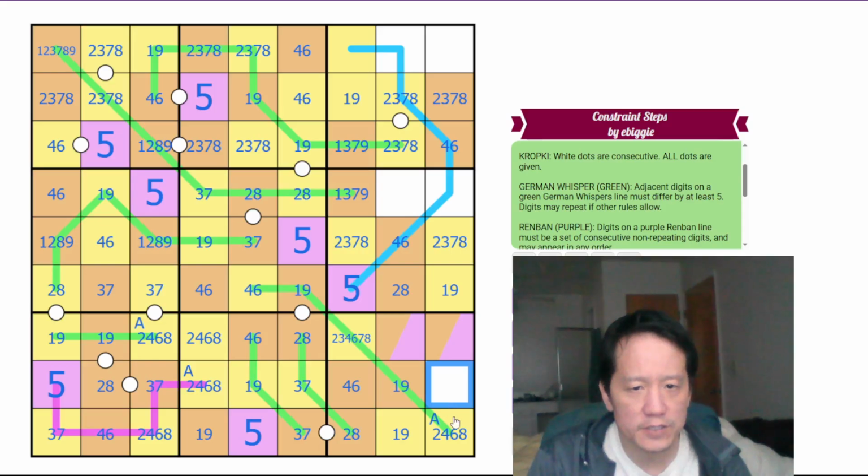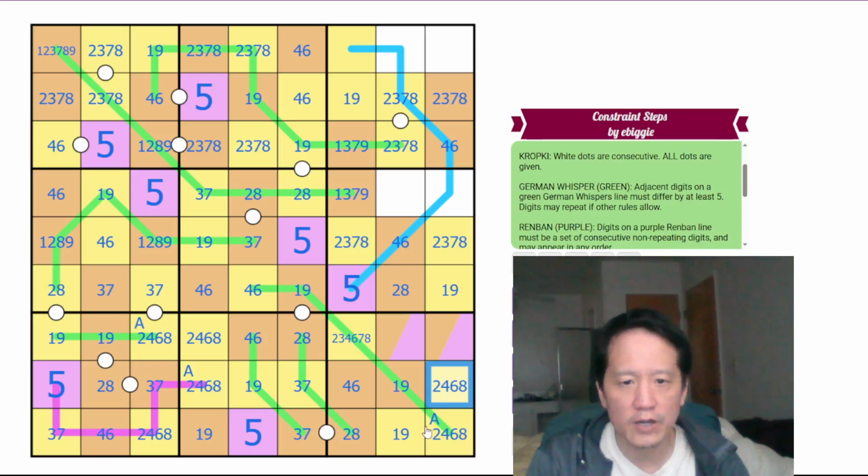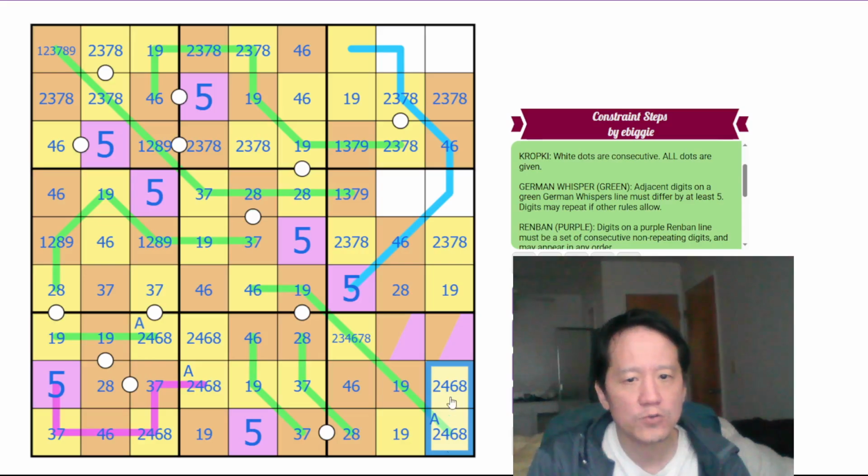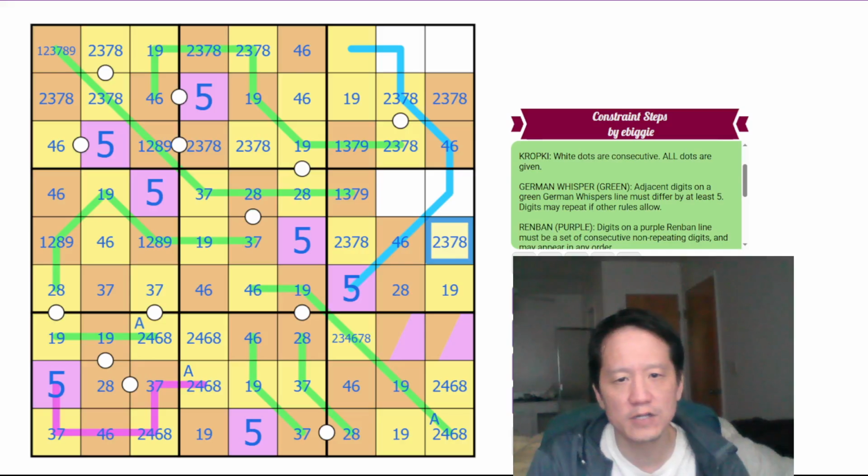The remaining digit here is a yellow 2, 4, 6, 8. Oh, okay. Well, we have 2 yellow 2, 4, 6, 8s here, which eliminates the yellow 2, 4, 6, and 8 in the rest of the column. So this can't be 2 or 8. This is 3, 7, which means this can't be 3 or 7. So this is the yellow 2, 8. This can't be the yellow 2, 4, 6, or 8.